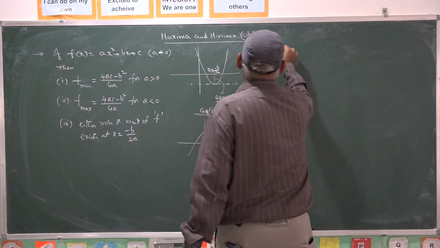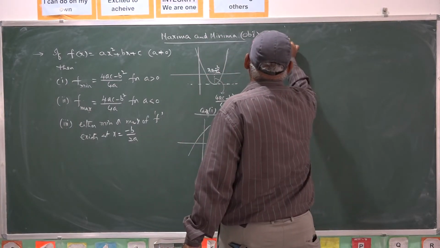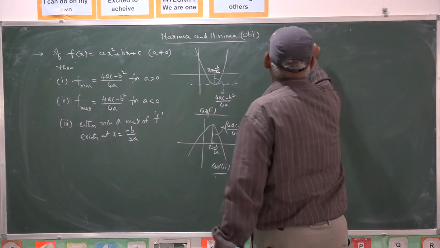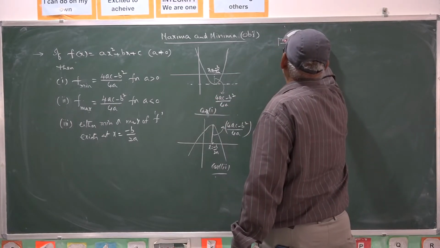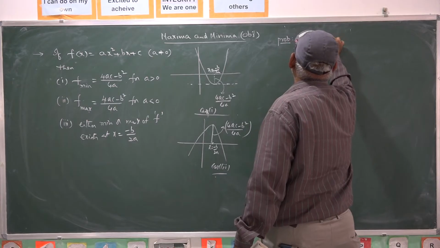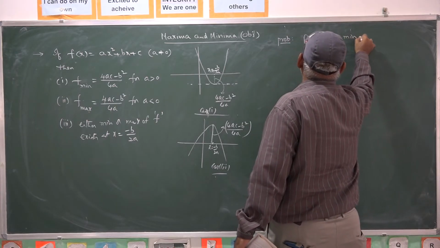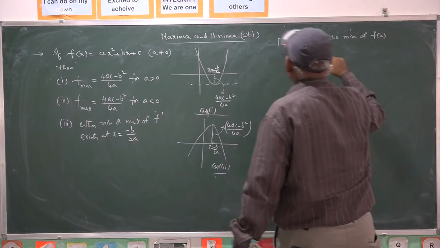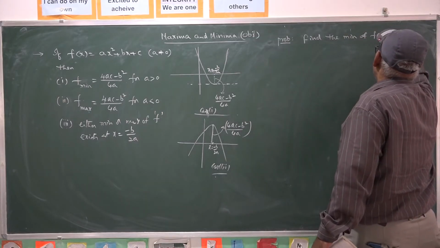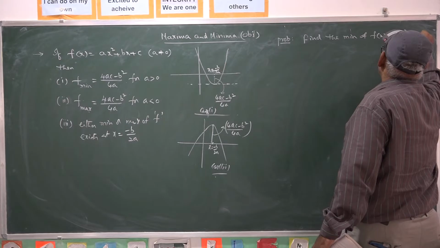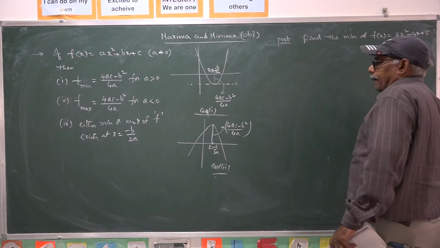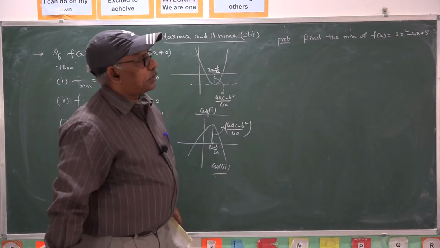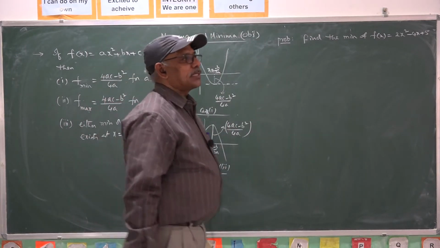I will give a problem on this. Find the minimum of f(x) equal to 2x square minus 4x plus 5.